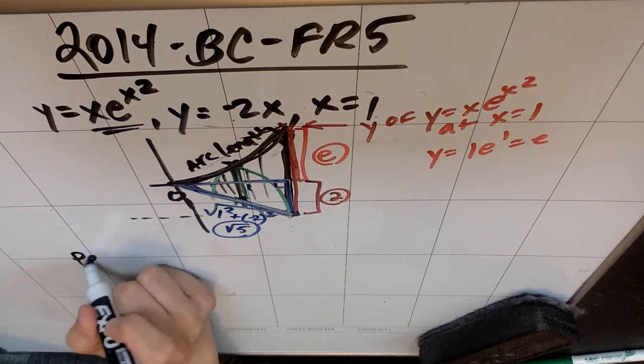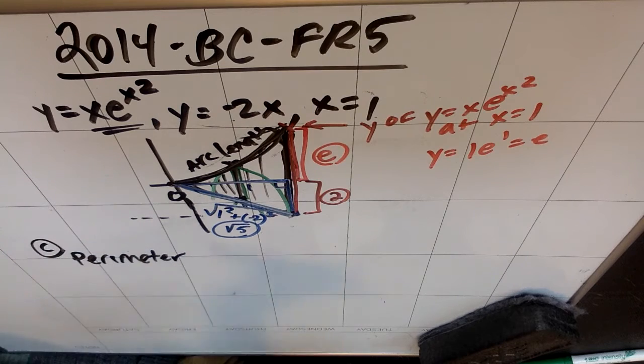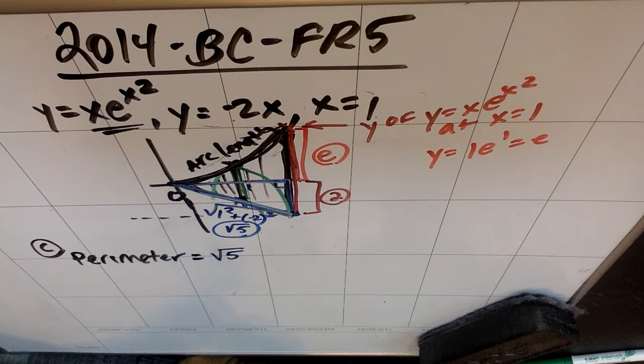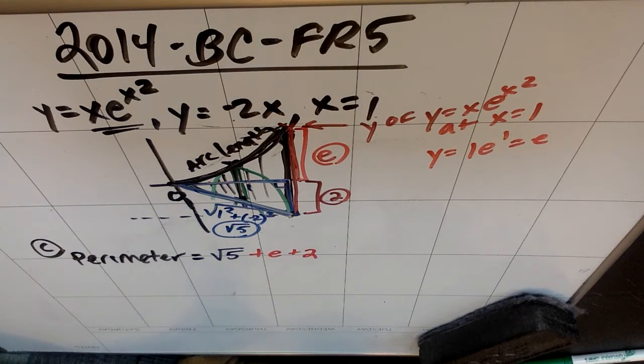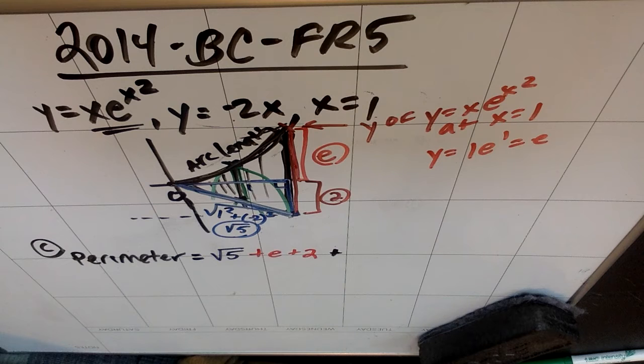So the perimeter of this thing for part C is going to be the blue line, which is just part of a triangle because it is linear, plus the red line, which was e plus 2, plus, and now I need the arc length of the other curve. So now it involves you actually remembering how to find the arc length of something.